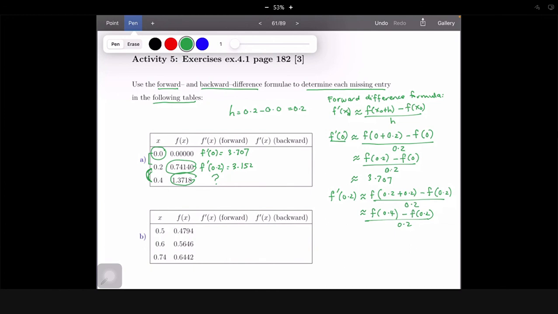So kat sini kita boleh cari tak the derivative untuk f prime 0.4? Can we find the value pada 0.4 menggunakan forward difference? Boleh tak kita cari f prime 0.4 menggunakan forward difference?